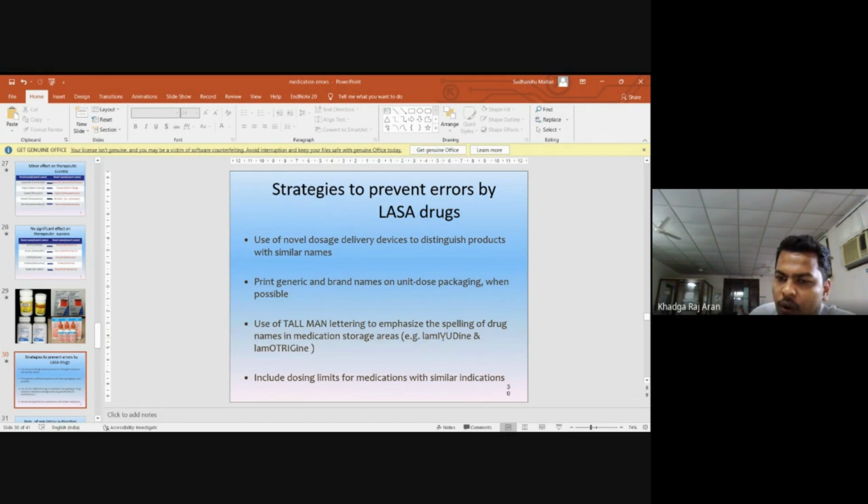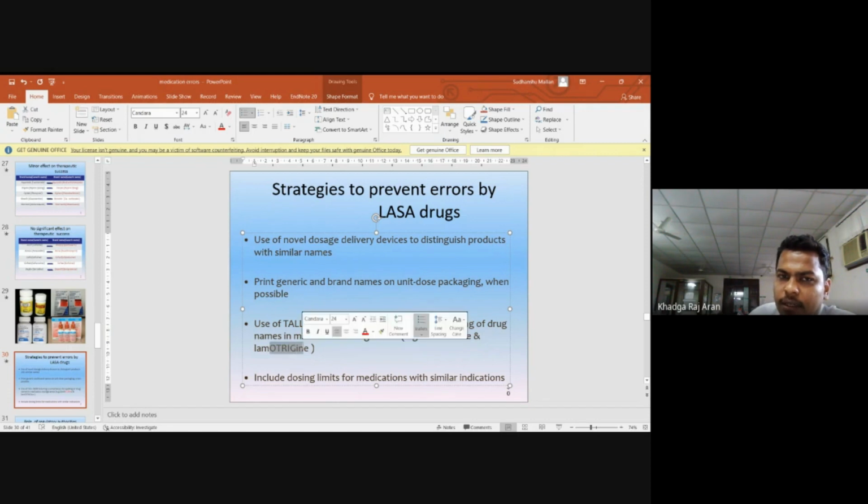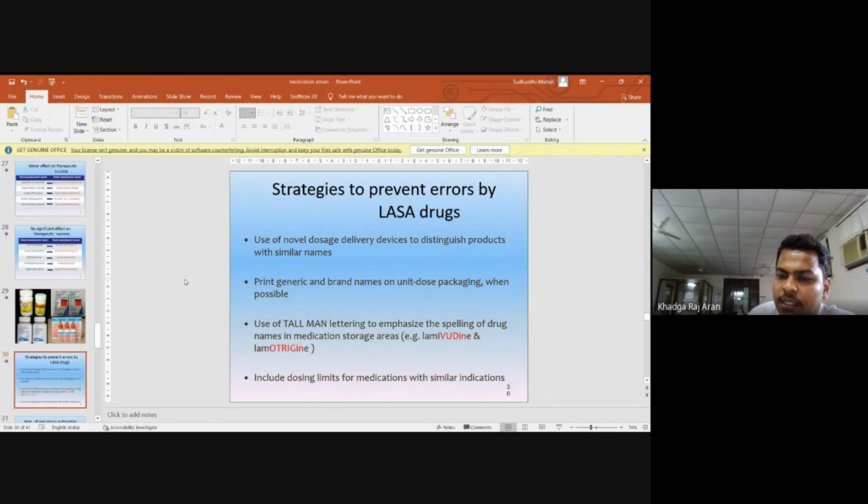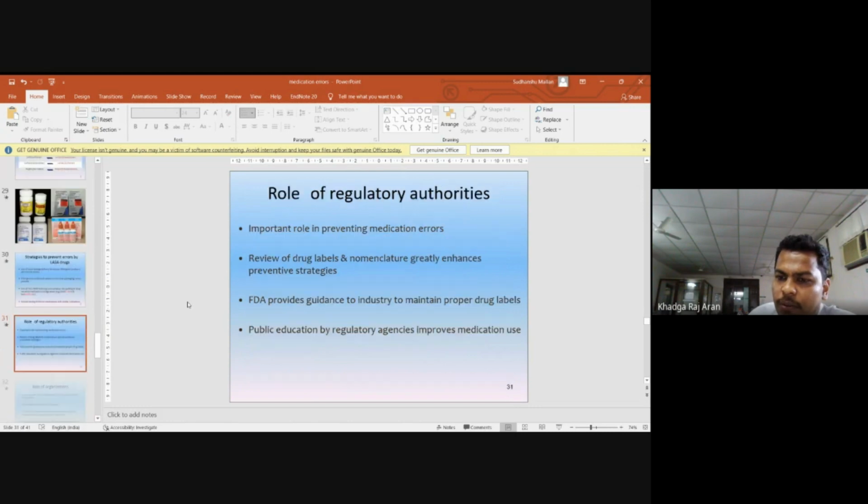You can see this is an example of the Tall Man lettering system. The therapeutic use of both medicines is different. That also includes dosing limits for medications with similar indications.